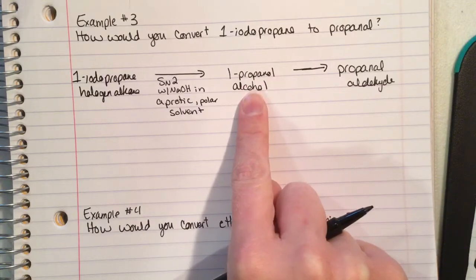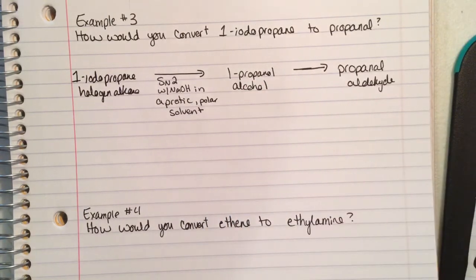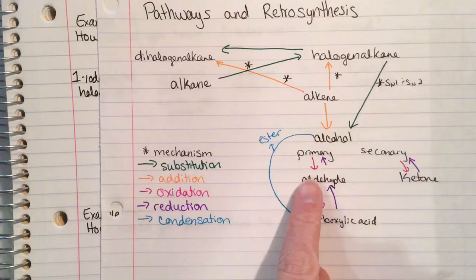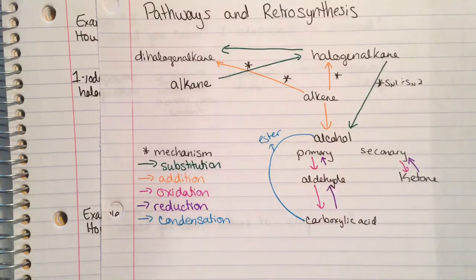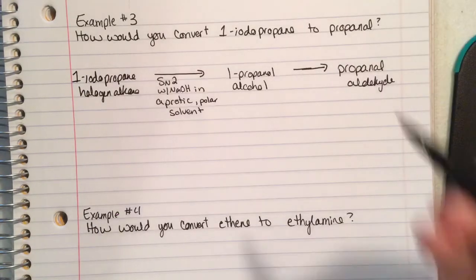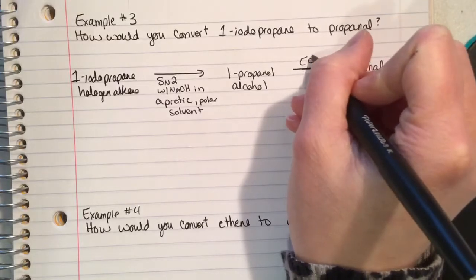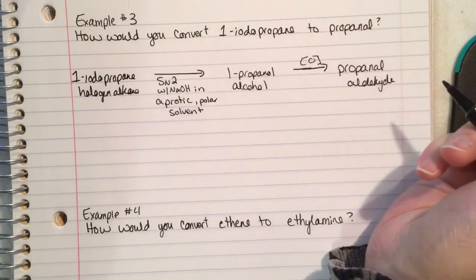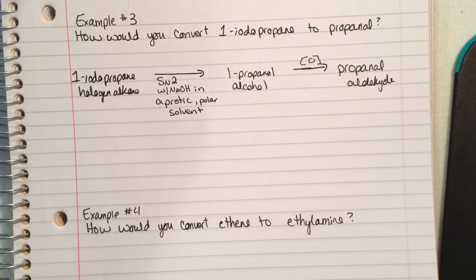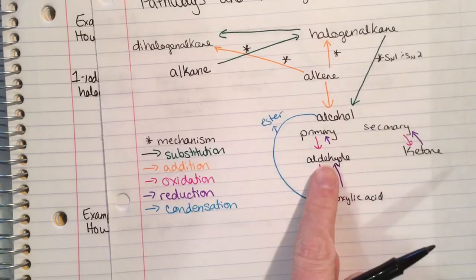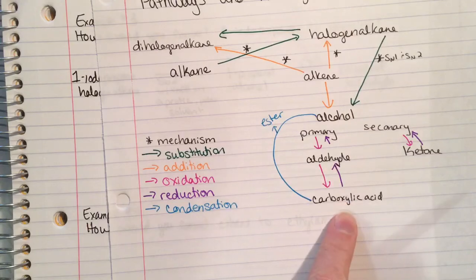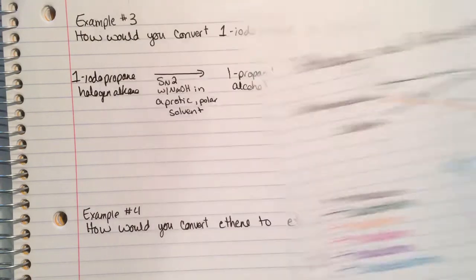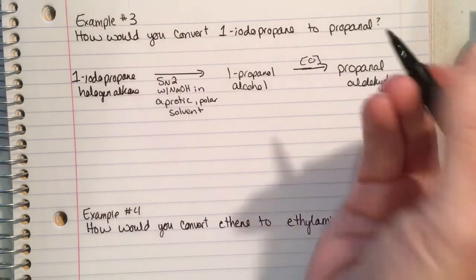Well, how do I get from the alcohol to the aldehyde? Well, we said that to get from an alcohol to an aldehyde, we're going to go through oxidation. So we're going to oxidize this. And when we oxidize this, we want to make sure that we stop at aldehyde and don't continue on to a carboxylic acid, because we don't want a carboxylic acid.